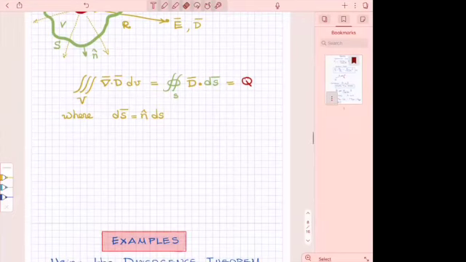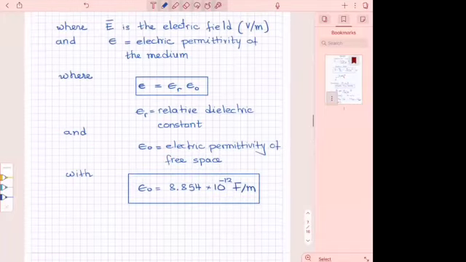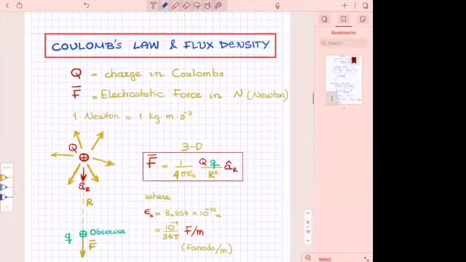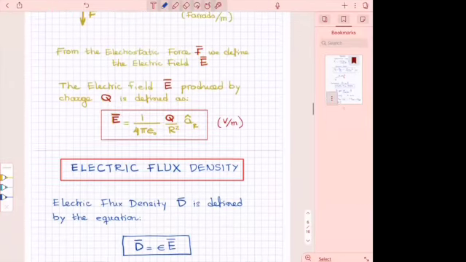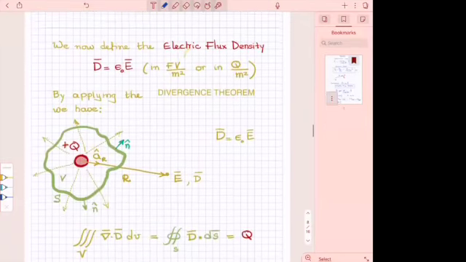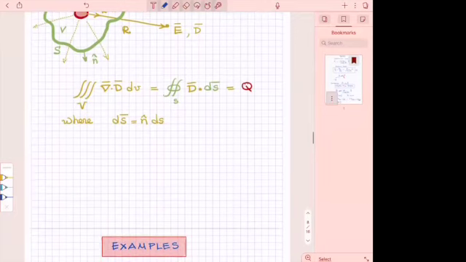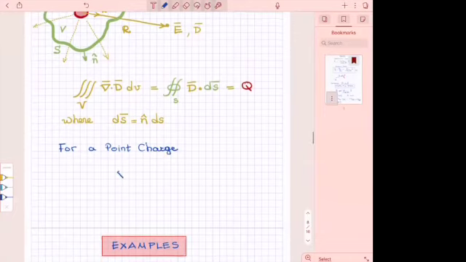In a point charge, so I will take a next step here. Let's see where I was, and I will go down. So, okay, I will do it here. For a point charge, you can write that this equation above reduces to this.